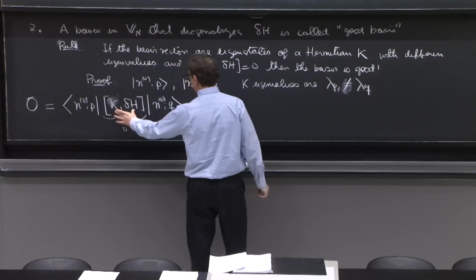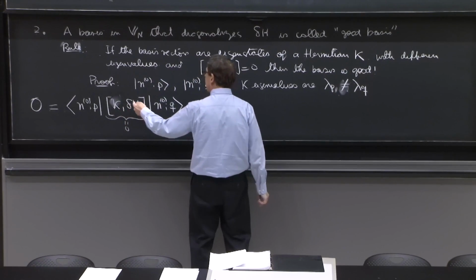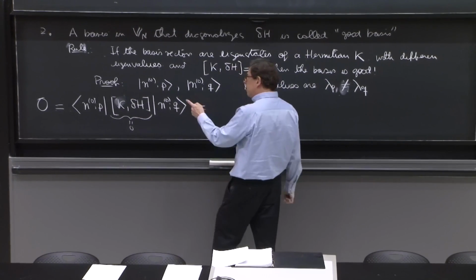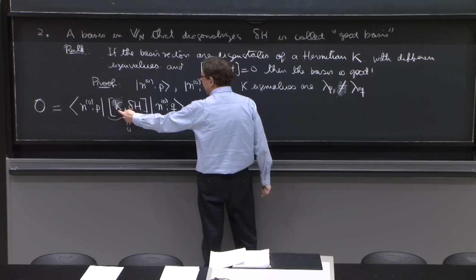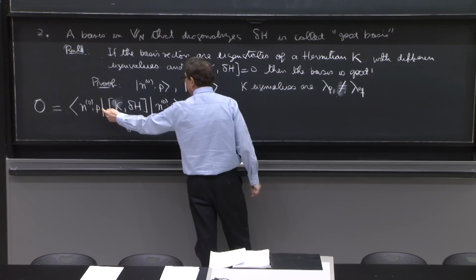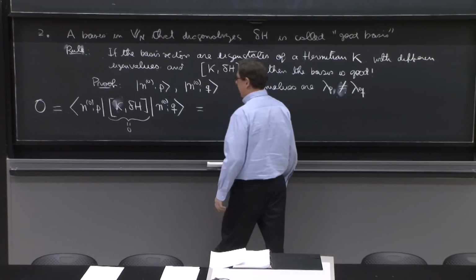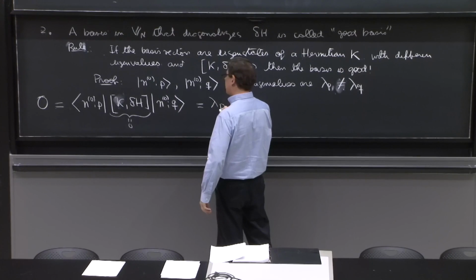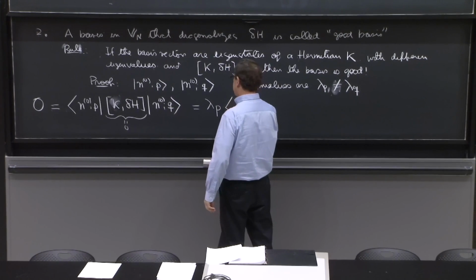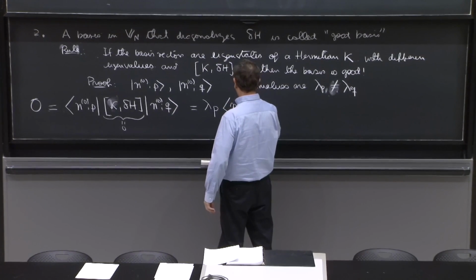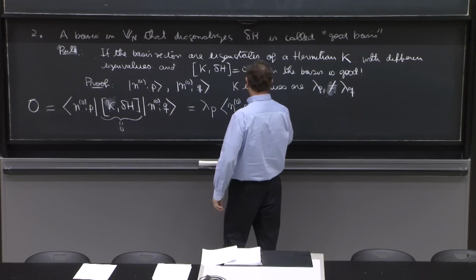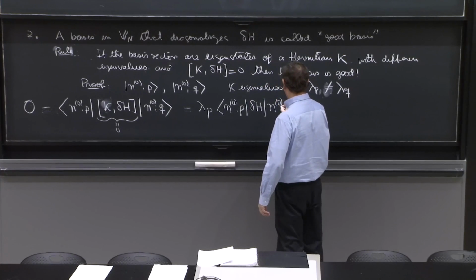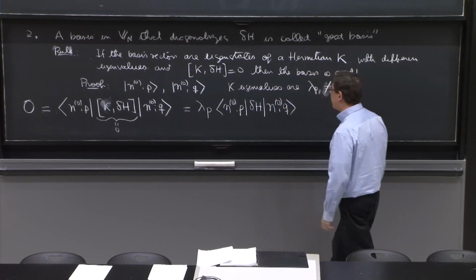But on the other hand, let's expand this. This is a commutator, so you have K times delta H minus delta H times K. Since K is a Hermitian operator, in the first term it acts on the state to its left, and being Hermitian, you get the eigenvalue of it, which is lambda p, times n0 p delta H n0 q. That's from the first term.